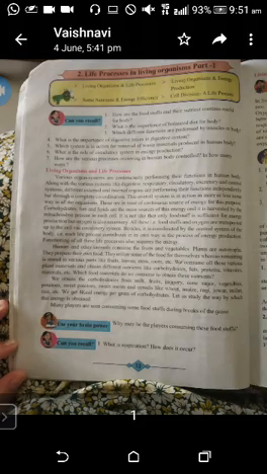You know what a balanced diet is? It means you have to include in your food carbohydrates, vitamins, fats, then proteins, like an Indian thali. Everything you must eat: chapati, rice, dal, vegetables. So a balanced diet is vital for the body and its systems to function properly.